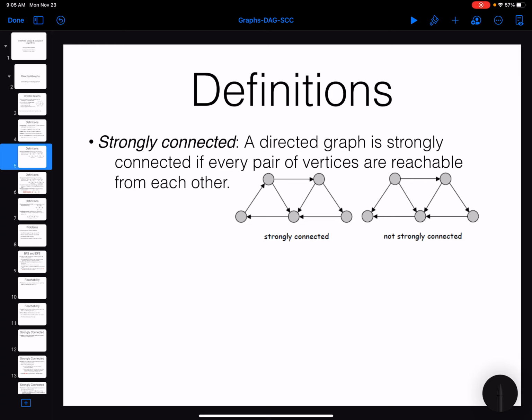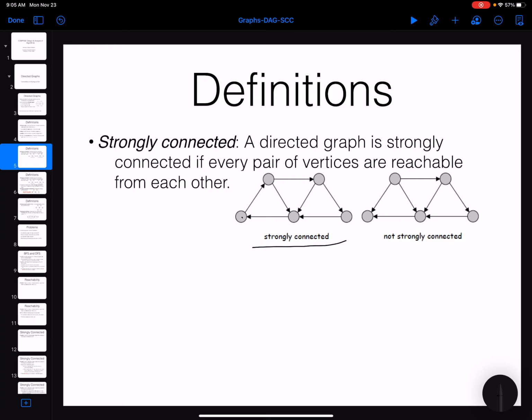So for example, here I have two examples of a graph with the same number of nodes and the same number of edges. The first one is strongly connected, but the second one is not. You can see that in this graph, if you check any two nodes, both of them are reachable from each other.